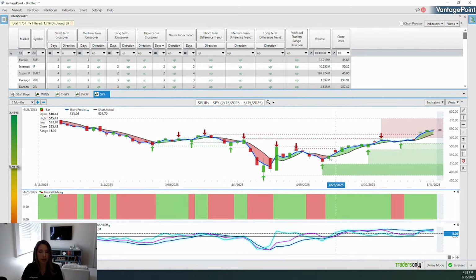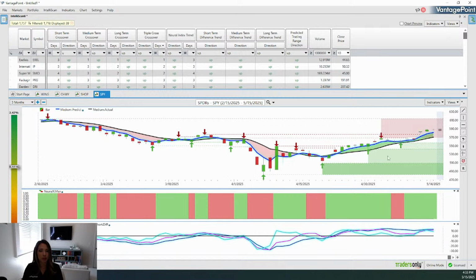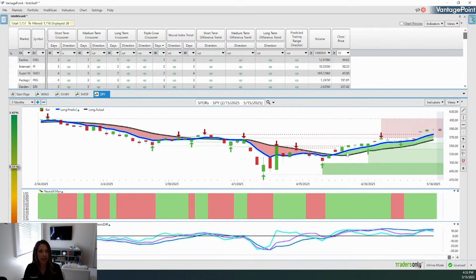Strength coming in. We had a bullish crossover. We also had our bullish neural index, and our predictive trading range was up on that day as well. So if we go to the medium term crossover, here we also have confirmation of that bullish trend. And then we also have our long-term crossover, again, current day and where we forecasted this previously.